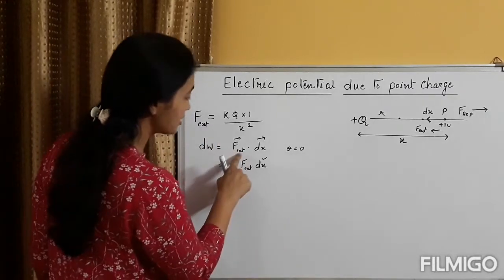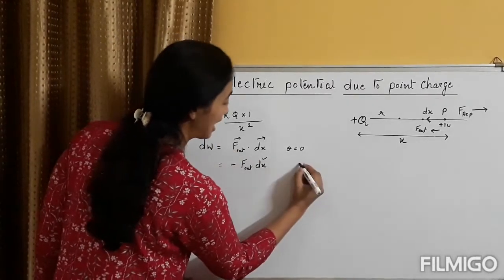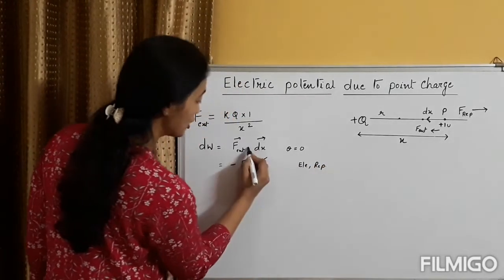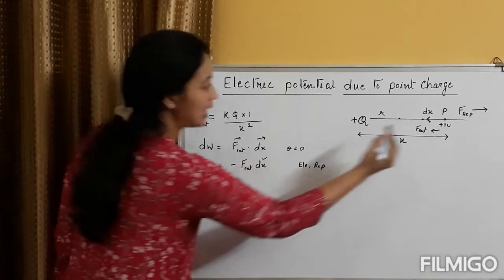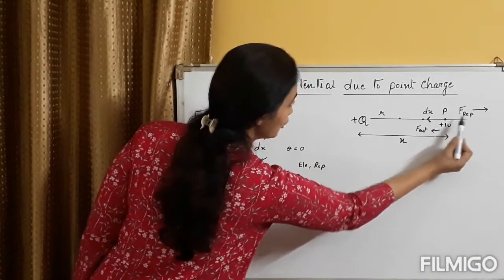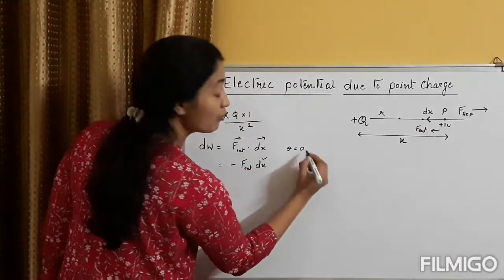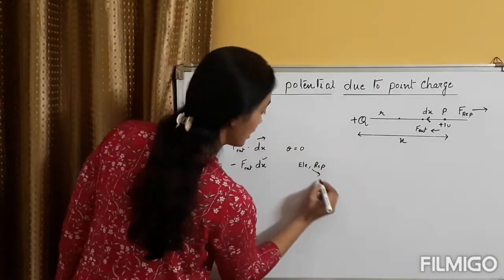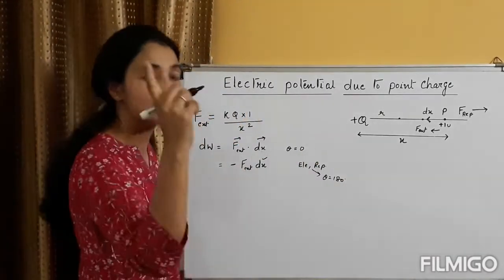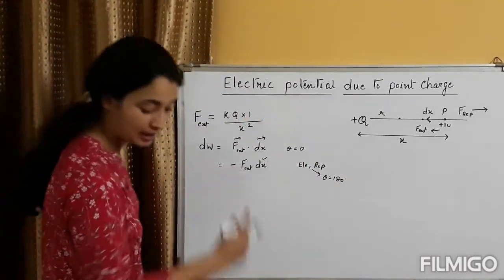Suppose here instead of F external you have used F electrostatic or F repulsion. In that situation, the angle between F repulsion and dx, you can clearly see they are anti-parallel to each other. There the angle will be 180 degrees. In this situation theta will be 180 degrees, and due to that cos 180 is minus 1 and you will get again the negative sign.